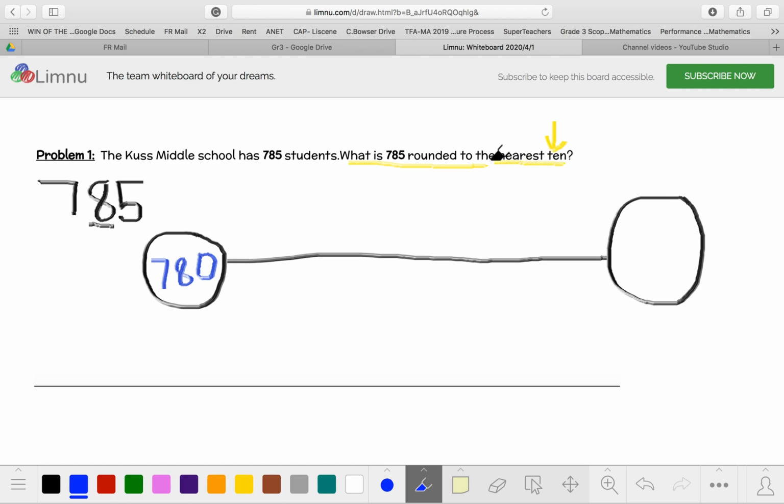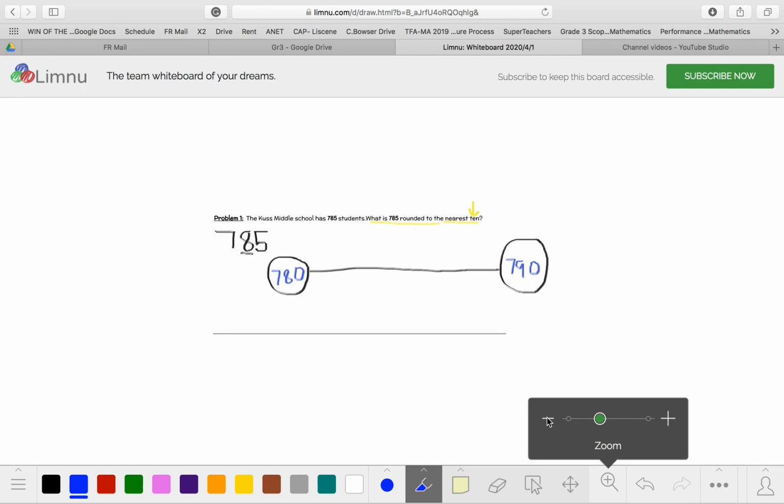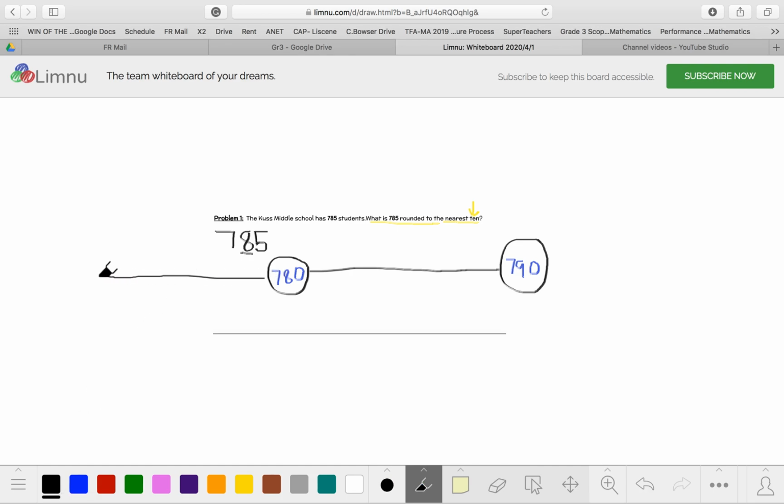If we're rounding to the nearest 10, we're focusing on tens. We're jumping by tens. So I know that 780 is here, and if I add one more 10, I will have 9 tens. So my next island is 790. You can also go back to 700 and think about what this number line would look like if it was super long. Before this would be 770.